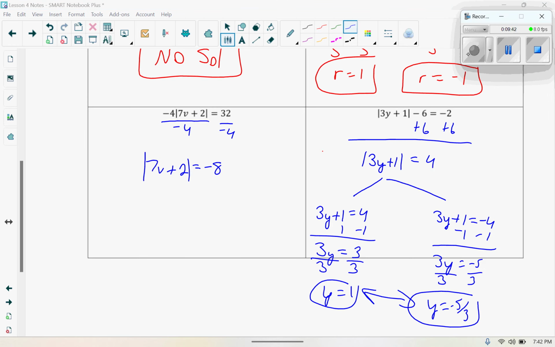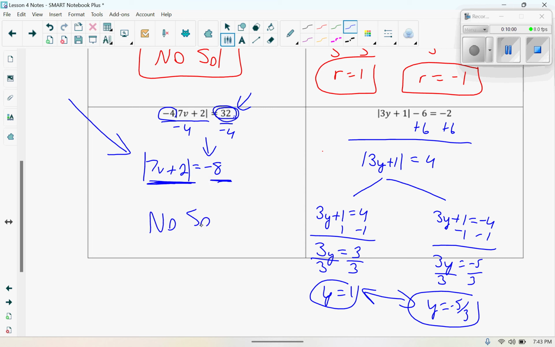Okay, so again, notice this one. I want to point out the fact that this actually started out as a positive, so you thought it would be okay. But because we divided by a negative, I ended up with an absolute value equal to a negative number. So in this case, this is another case of no solution.